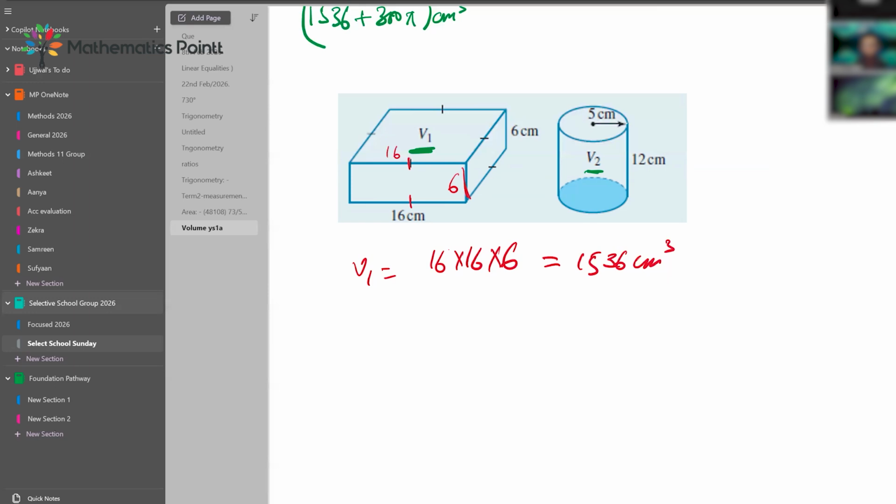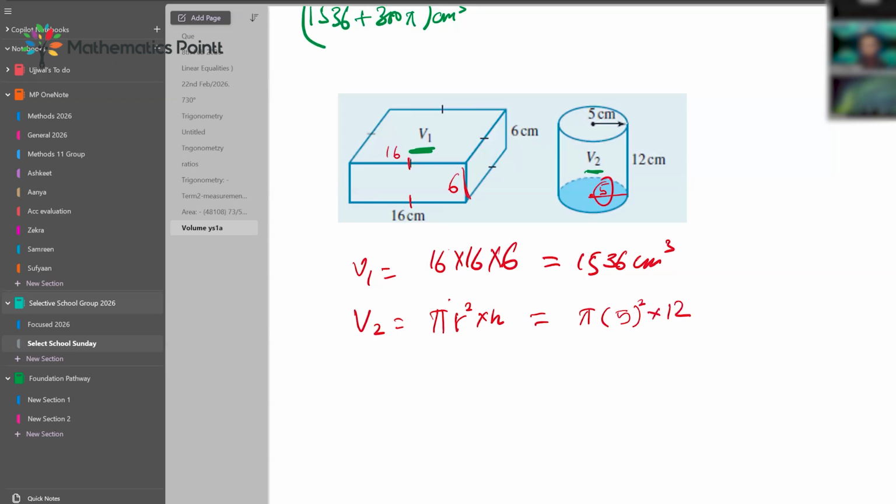Now what about the second volume, which is a cylinder? The cylinder's base has the radius of 5. So what is the volume of a cylinder? Pi r square times height, which means pi times the base radius of 5 squared, times its height, which is 12.